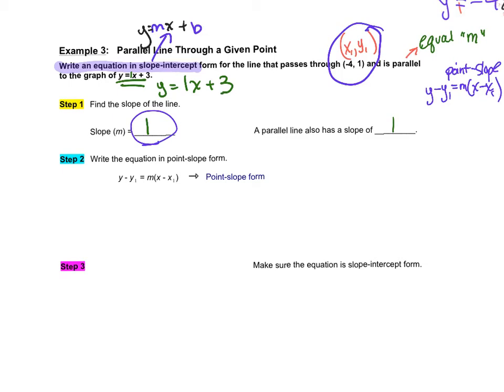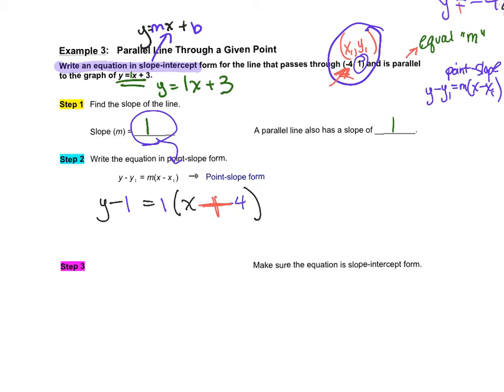Y minus 1 is equal to 1 times x minus negative 4. Two negatives next to each other become a positive.